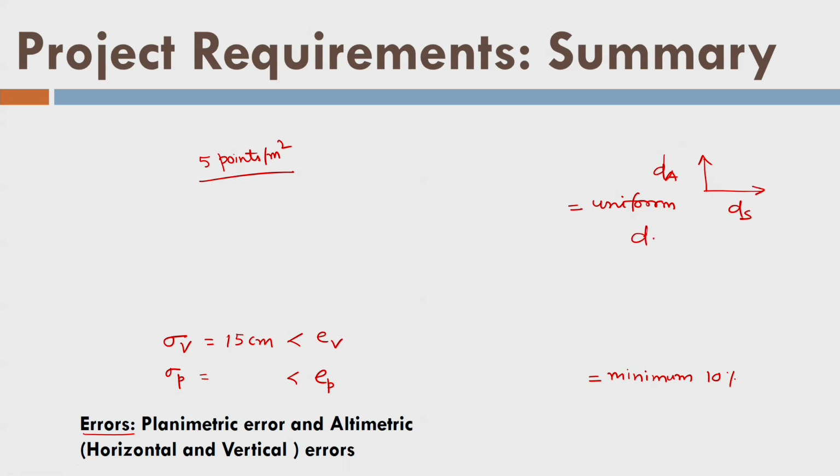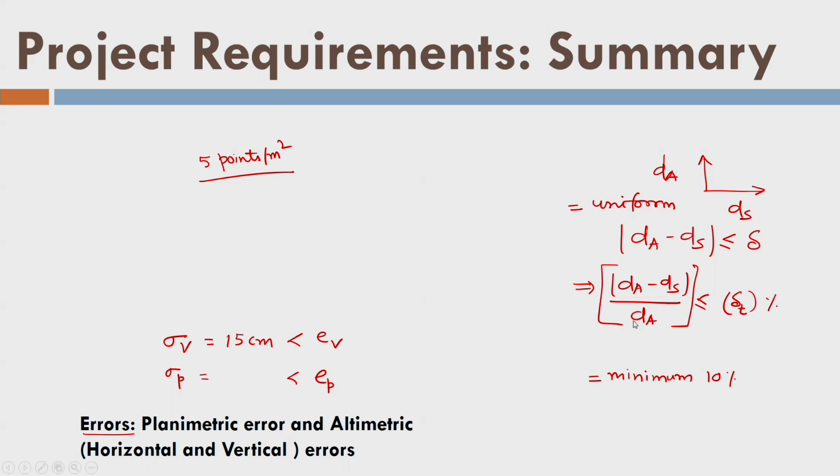That means we say that DA minus DS should be within some threshold, let us say delta, right. Or I can also write that the modulus of DA minus DS divided by DA should be less than or equal to some threshold delta T, which is in percentage. Okay. So these are the important things we should understand as project requirements. Let us go ahead.